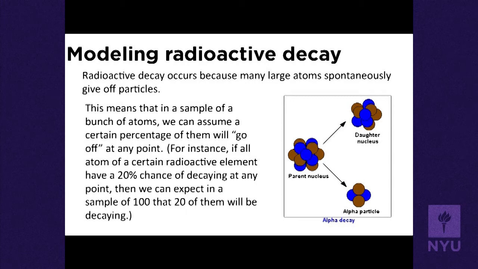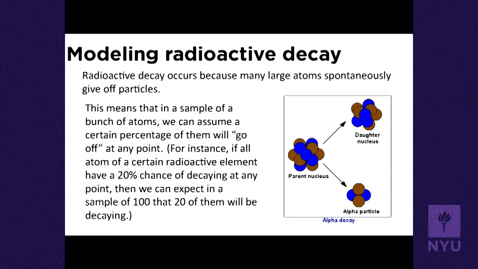So when that happens, you've got this nucleus which is agitated by these forces in opposition to each other, and it will just blow off either some energy or some matter or both. The nucleus splits into two smaller nuclei, and so that larger element becomes two atoms of smaller elements.